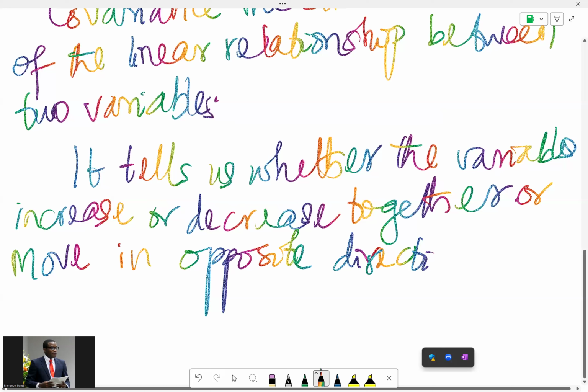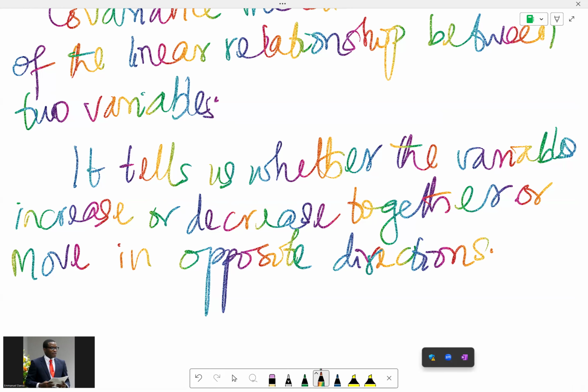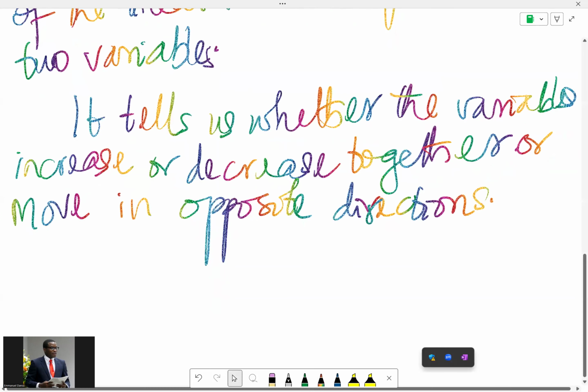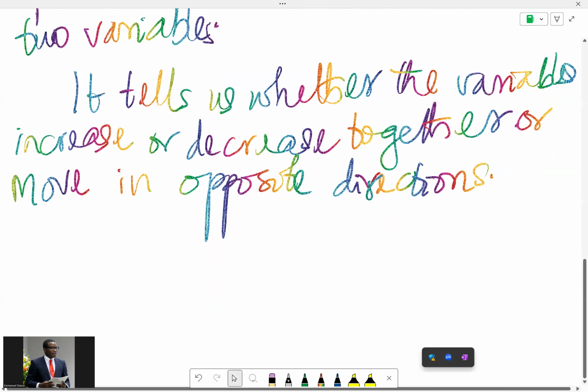So if you have random variables x and y, covariance tells us whether as x increases, y also increases, or as x is increasing, y is decreasing. Basically, that's what covariance is telling us.